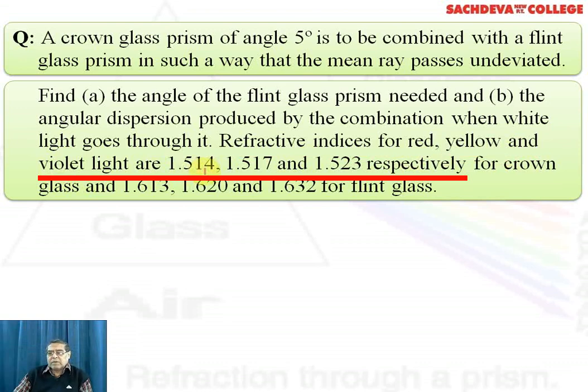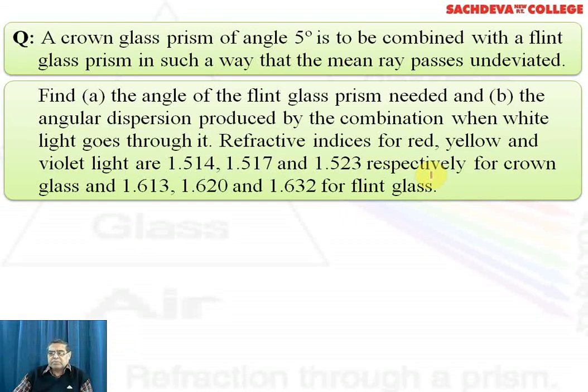These three values are 1.514, 1.517 and 1.523. According to our observation, up to the second place the numbers are the same, and they vary at the third place.